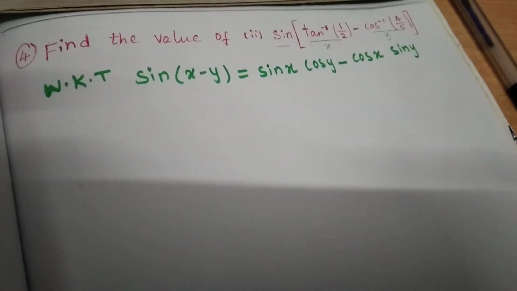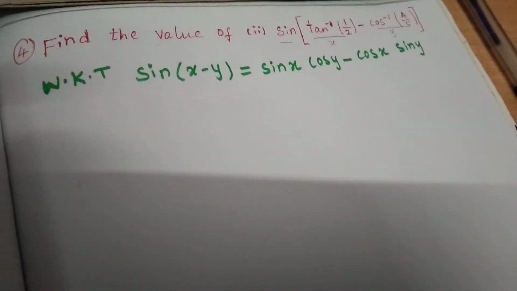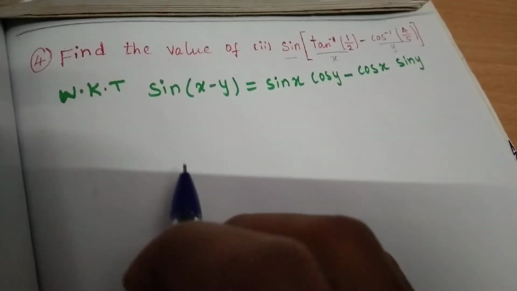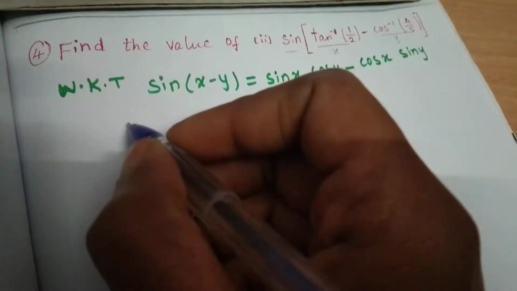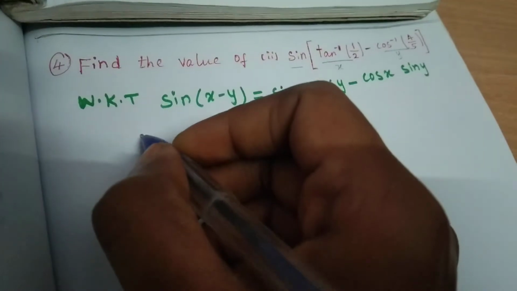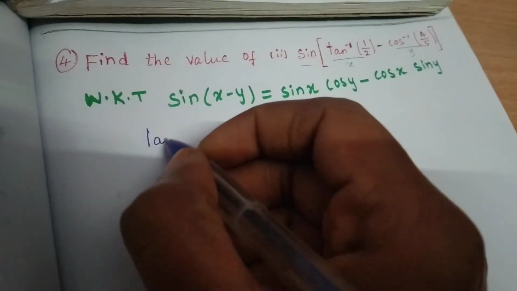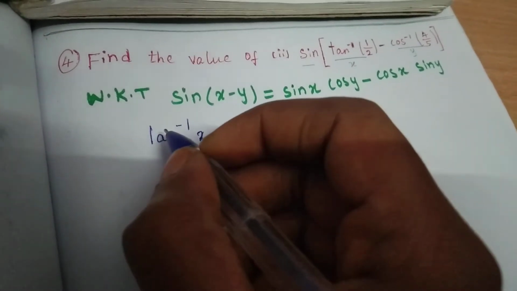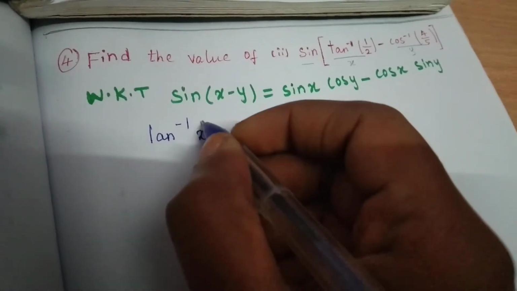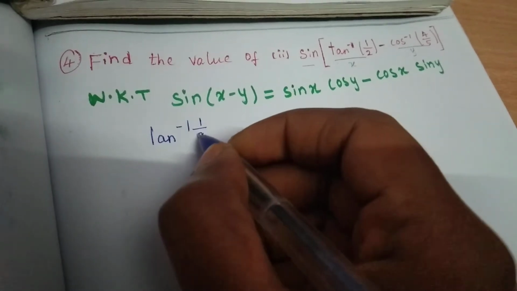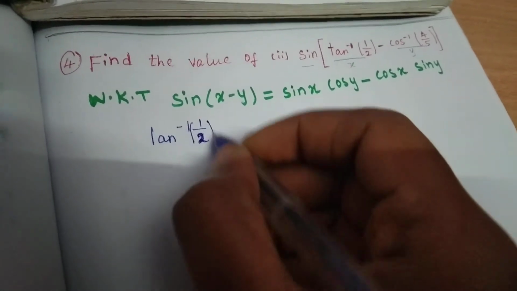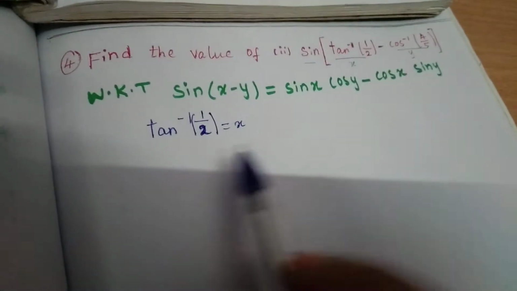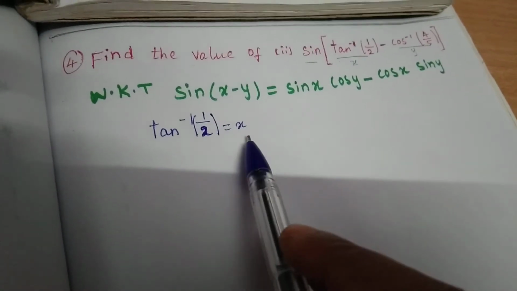Now let us find the value of x. Tan inverse of 1 by 2 is equal to x.